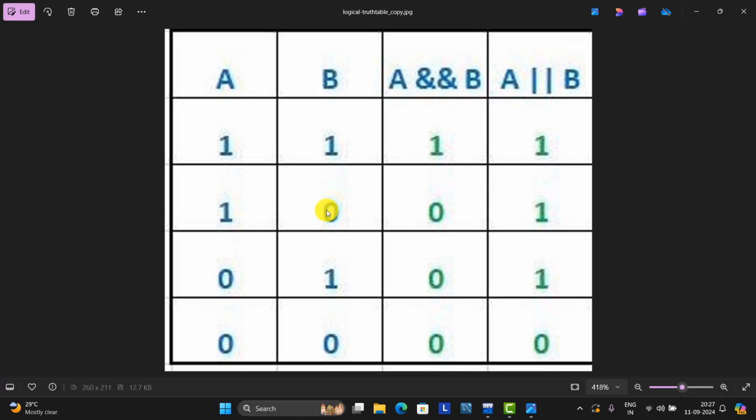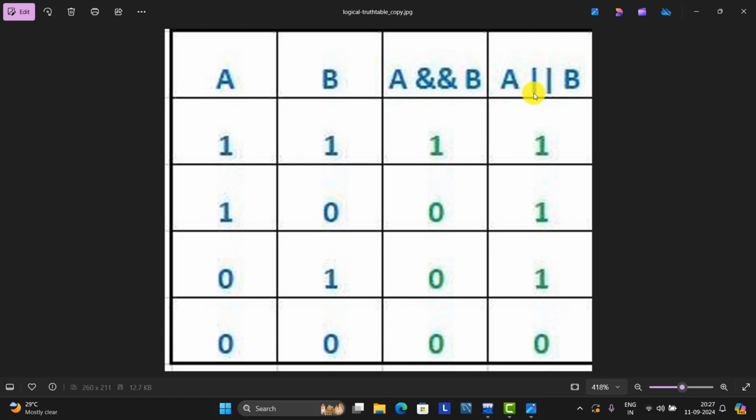If A is 1 and B is 0, the result is 0, because if any one is 0, the result is 0 only. 0 means false. If A is 0 and B is 1, or if both are 0, logical AND also gives 0 as output. So this is how logical AND works.